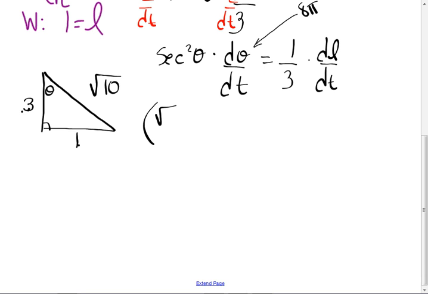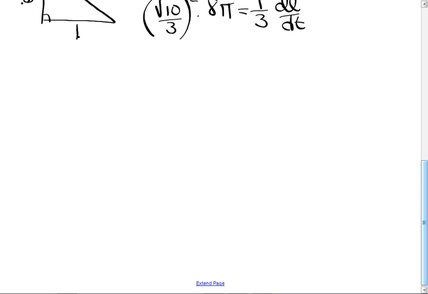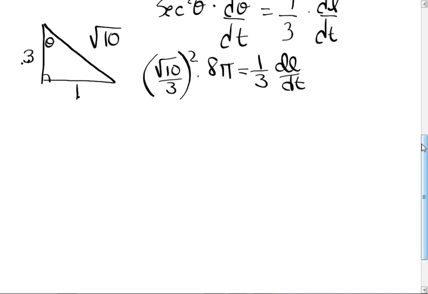So I don't mess up, I'm going to actually write it out. Square root of 10 over 3, squared, times 8 pi equals 1/3 dL/dt. I needed the L to get the secant, but it doesn't factor into the direct equation. And so then we just square that. So that's 10 ninths times 8 pi equals 1/3 dL/dt.